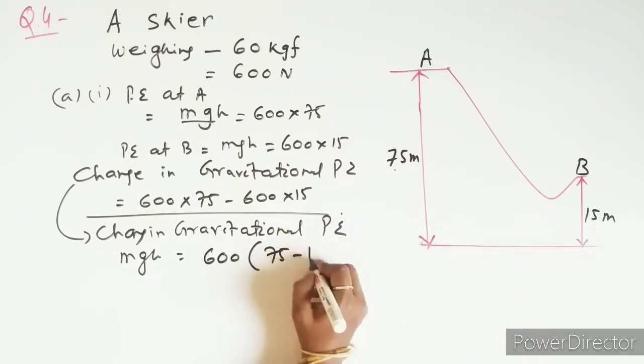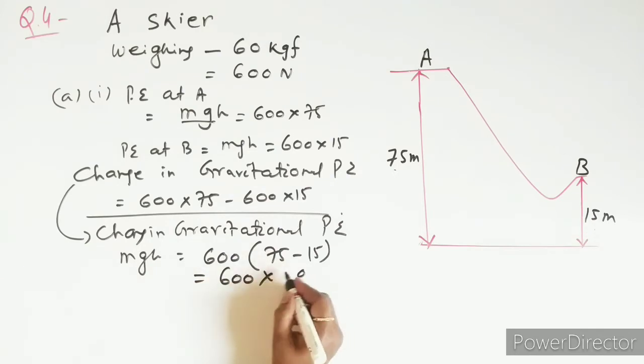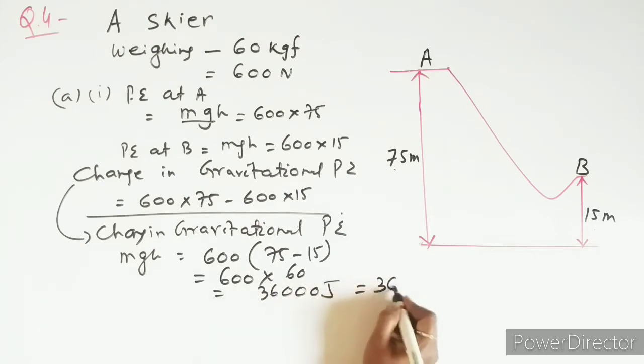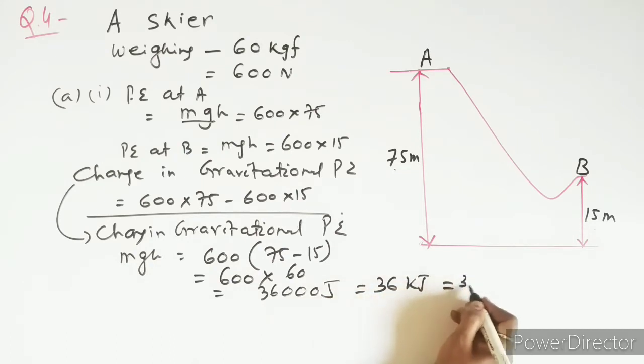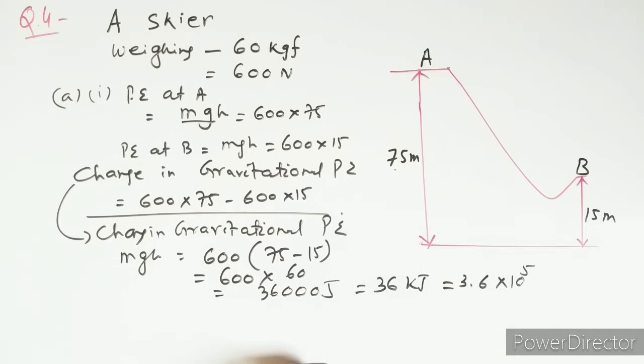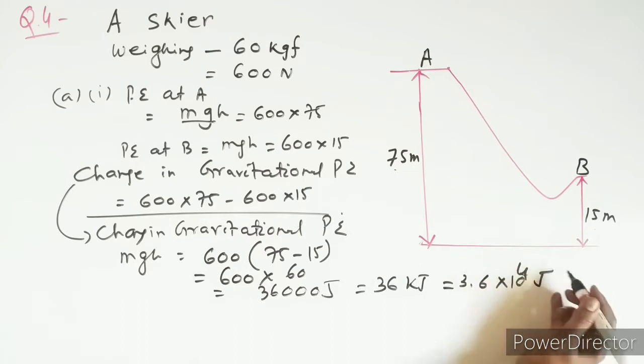In both cases we are getting the same thing. So it is 600 into 60, which gives 36,000 joule of energy. We can write this as 36 kilojoule, otherwise 3.6 into 10 to the power 5 joule also.